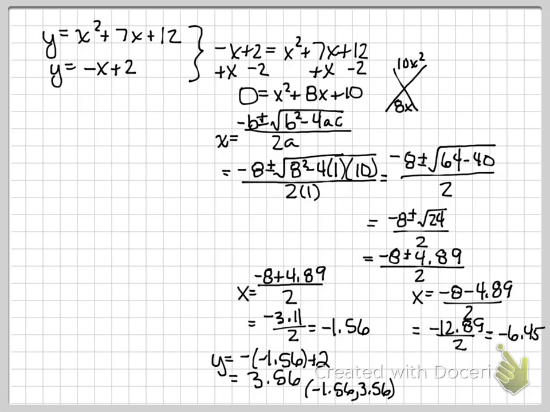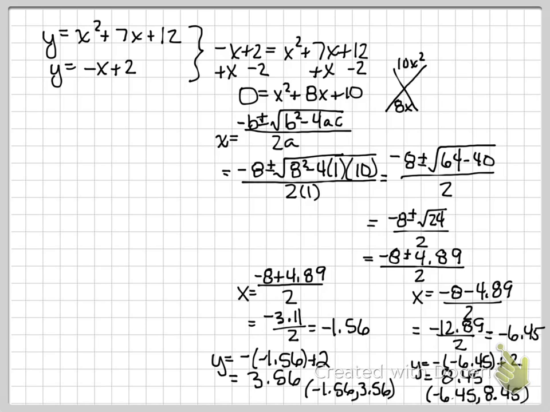Now do the same for the other one. y equals negative of negative 6.45 plus 2, and it's going to give me 8.45. So my solution is negative 6.45, comma 8.45.